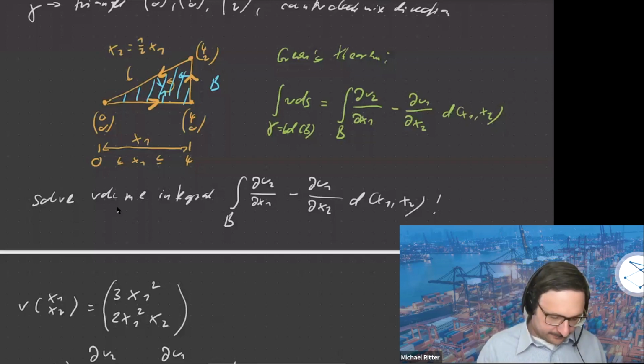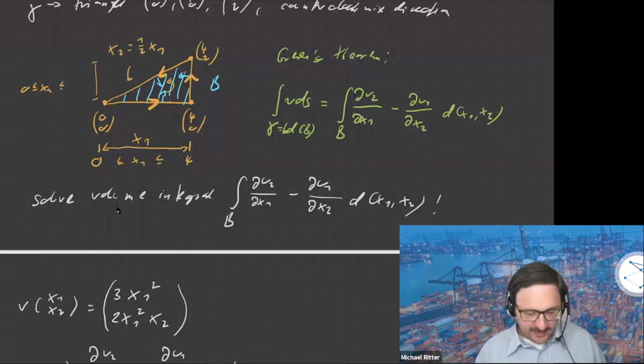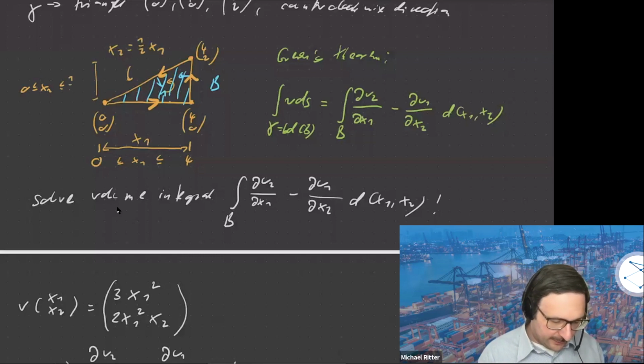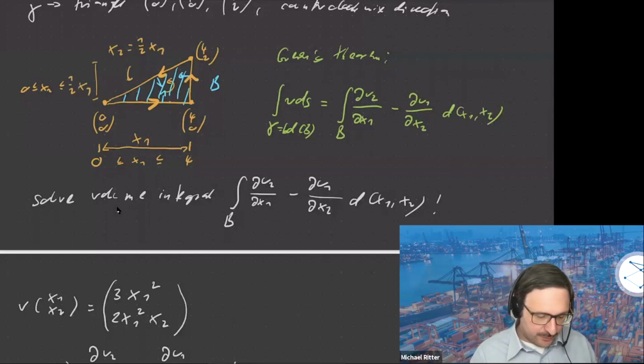So x2 is bound below by 0. And it's bound above by 1 over 2 x1. Every x2 value below that line is admissible, so it's a less or equal sign here.